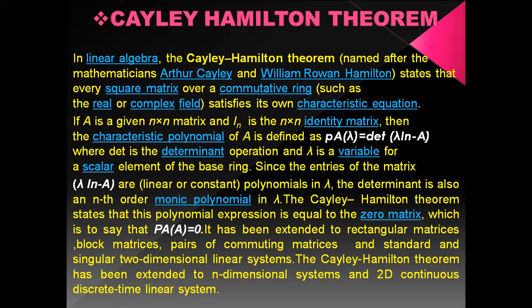If A is a given n×n matrix and In is the n×n identity matrix, then the characteristic polynomial of A is defined as p_A(λ) = det(λIn − A), where det is the determinant operation and λ is the variable for a scalar element of the base ring.